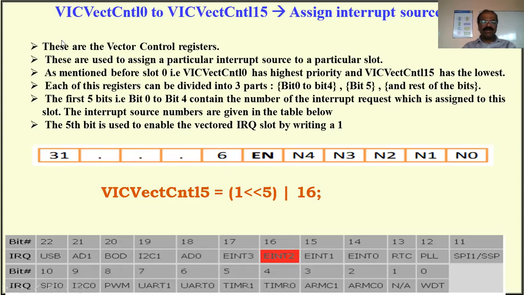Okay, out of 32 bits, we are using only from bit number 0 to bit number 5. So 0, 1, 2, 3, 4, 5. Then what is the purpose of using these 5 bits? That is 0 to 4, and there will be the 5th bit.